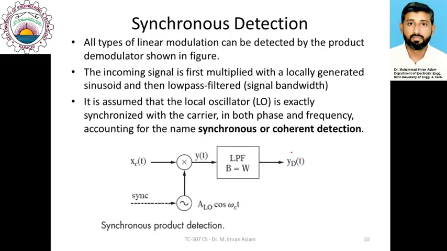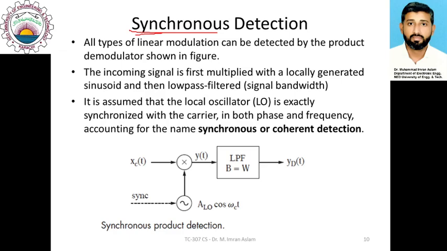In that case, the most commonly used version is actually called synchronous detection. What is synchronous detection? Synchronous detection is also a type of AM detection, where we can detect all possible variants of AM, whether it's basic AM or DSB or SSB or VSB.